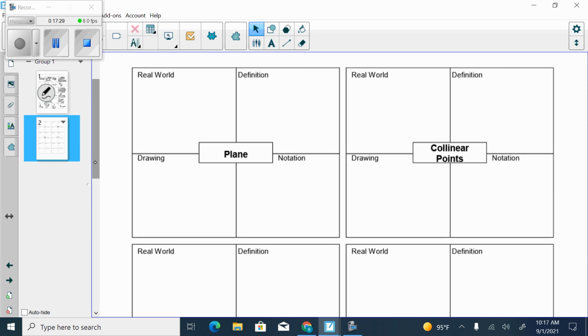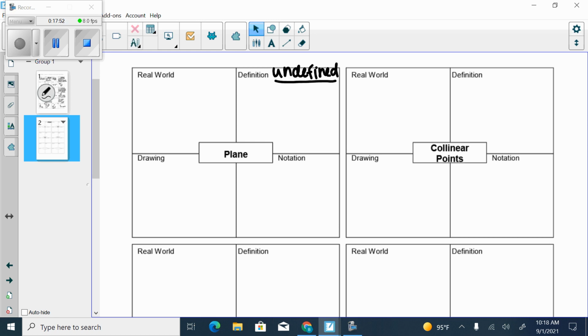All right. So next one, we've got a plane. So this one is going to be another undefined term. But for our purposes, we've got basically some two-dimensional, right?